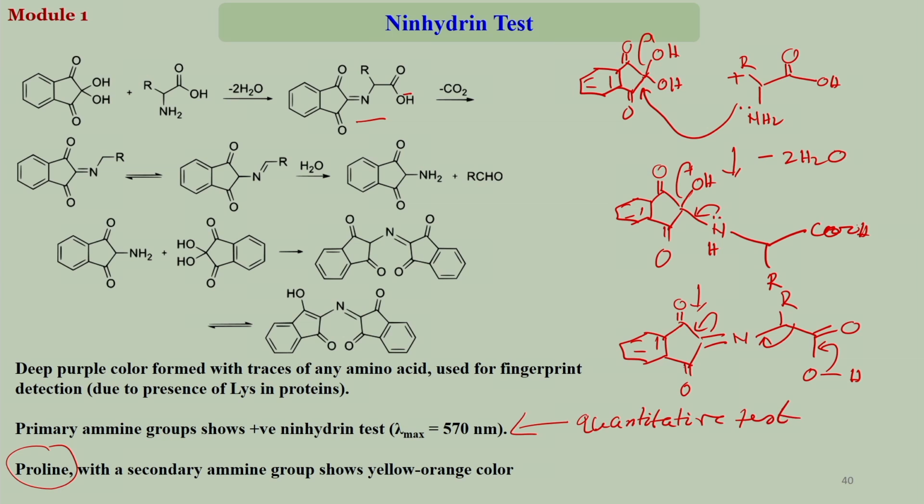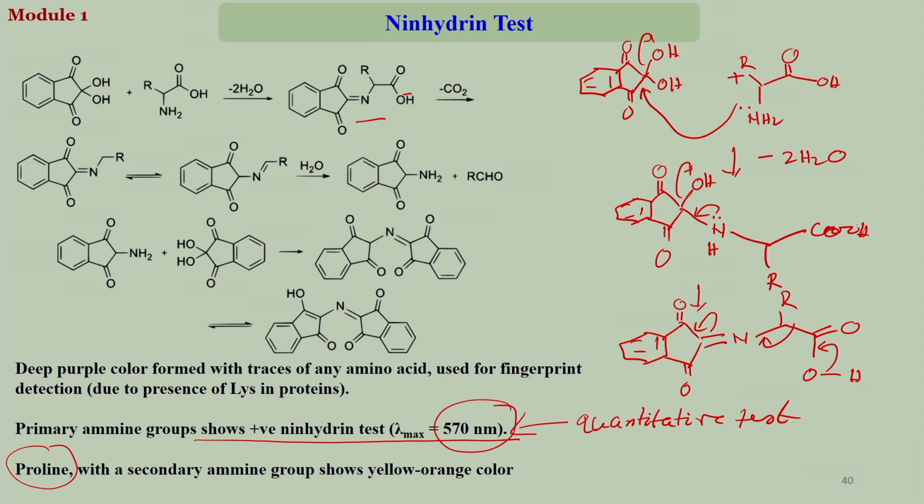You can determine how much quantity of the amino acids are present there by finding out the intensity of the color, how much color you are actually getting. That means if you measure the absorbance of the ninhydrin solution before the start of the test and after the completion of the test, then you will see a new peak in the UV region appearing at around 570 nanometer.